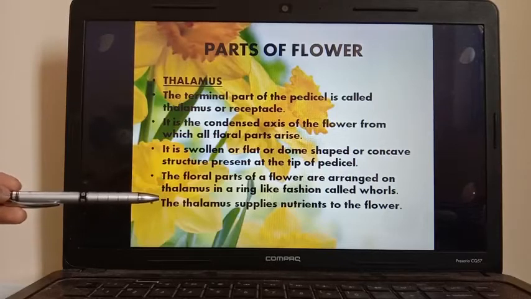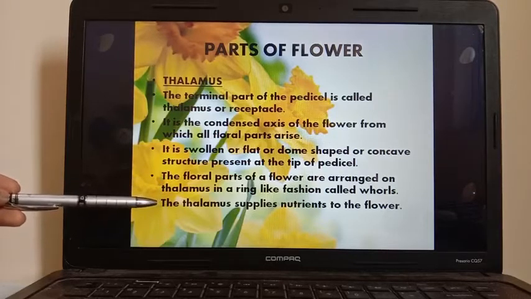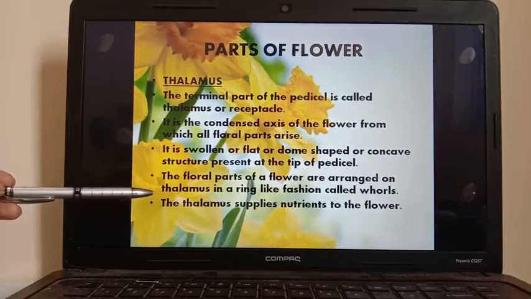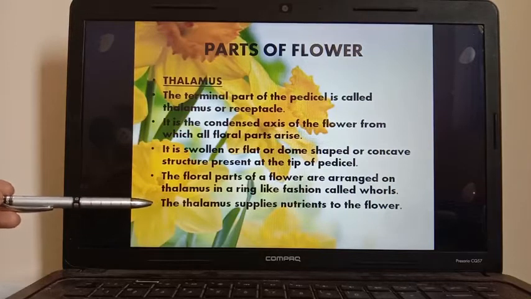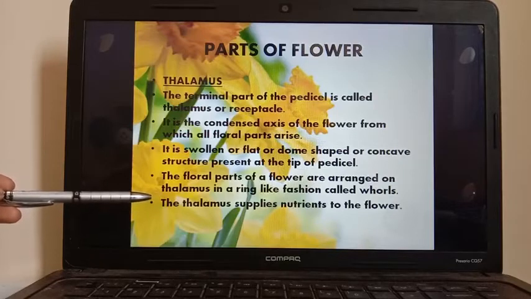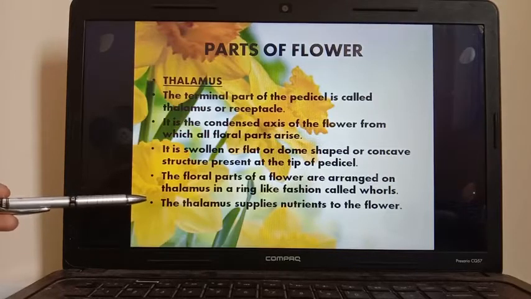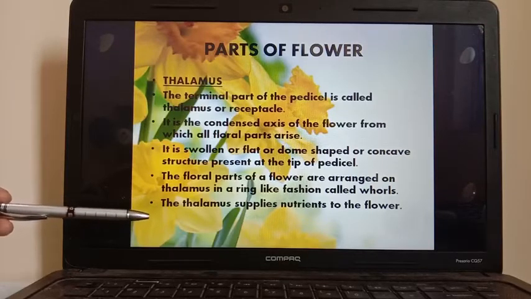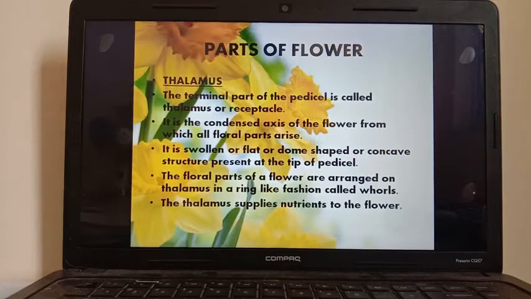This is known as whorls. The thalamus supplies nutrients to the flower. So the main function of the thalamus is to supply the nutrients to the flower, and also it holds all whorls or the floral parts of the flower.